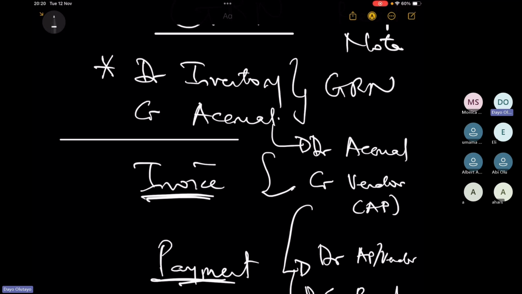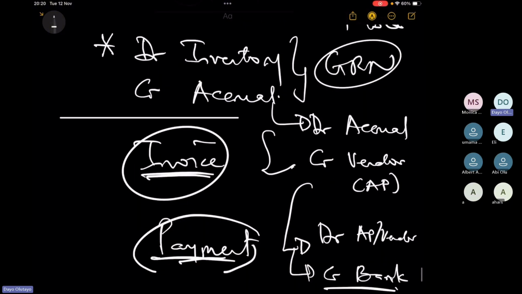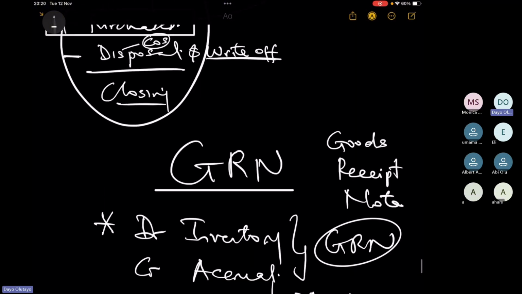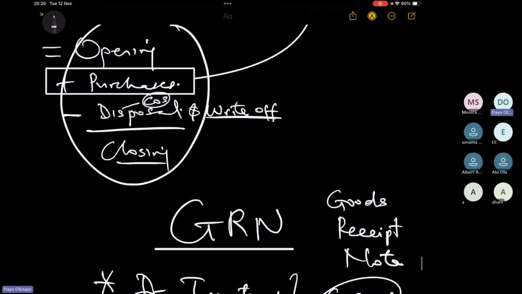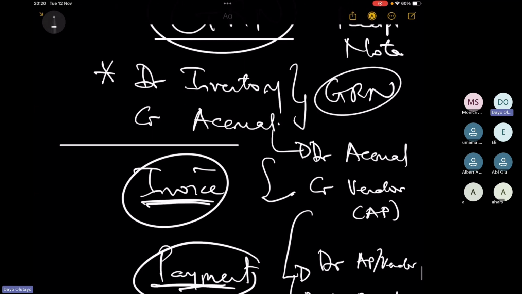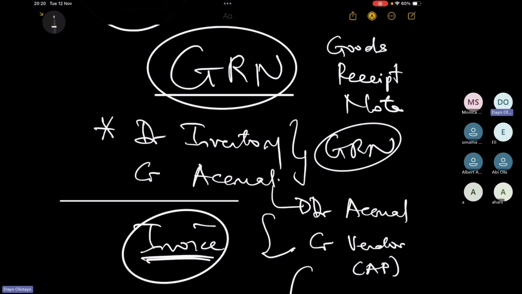And you need to understand the implication of each of the documents and how they impact on the accounting and what you'll be looking for as an auditor. So if you are looking for whether inventory exists, whether they've really purchased an inventory, this is what you are looking for. Because if you are looking for invoice, it's too late, because invoice could have come after the year end and you'll be making a wrong decision.